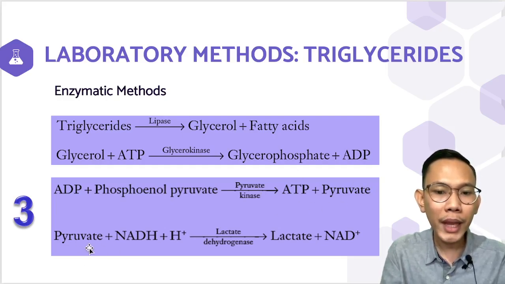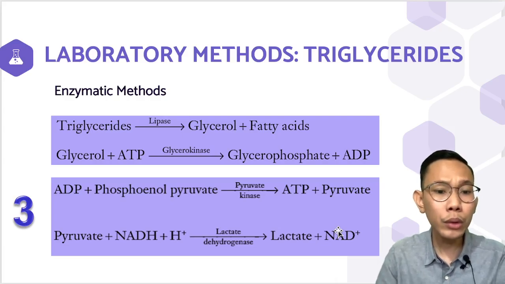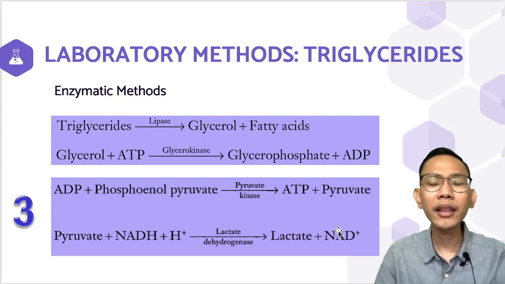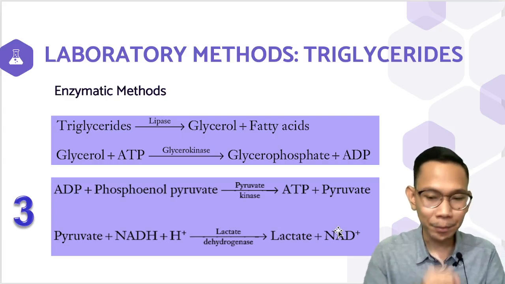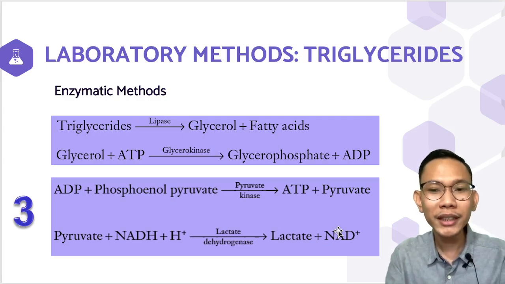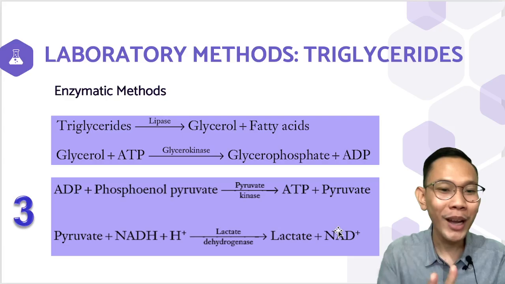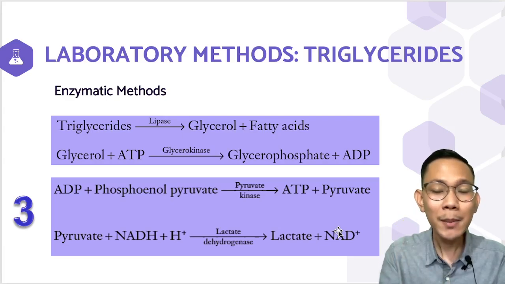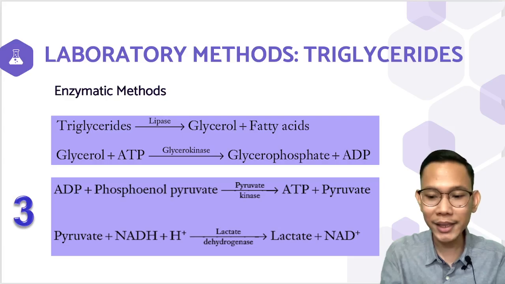And then your pyruvate, with the action of your lactate dehydrogenase, we ended up with this product, and we were now able to detect the level of your triglyceride. Again, that's the basic methodology of your triglyceride. So, ito yung tatlo ha. These are the very basic enzymatic methods for your triglycerides.